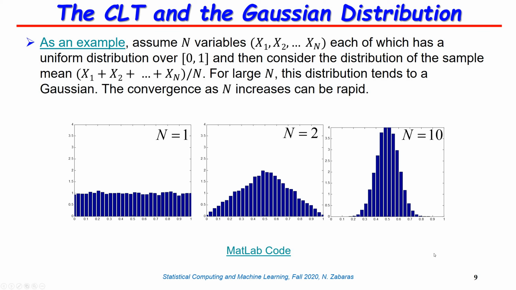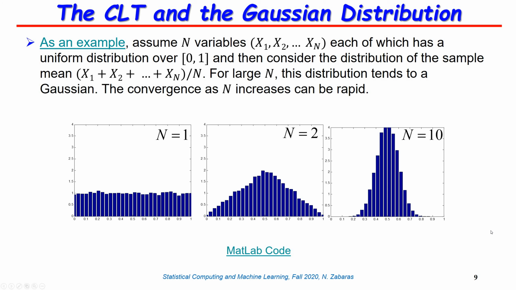Remember, the samples that I use to produce this Gaussian on the right hand side are coming from a uniform distribution. So if you take 10 of those samples in forming the sample mean, that sample mean follows a Gaussian distribution.